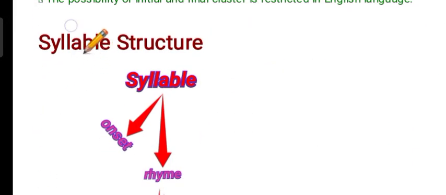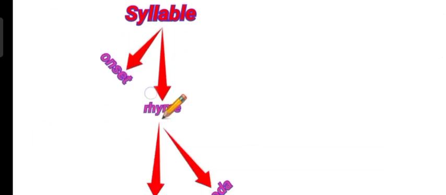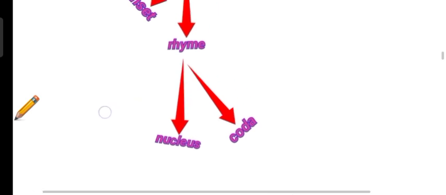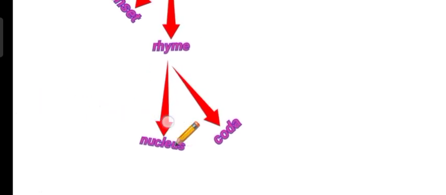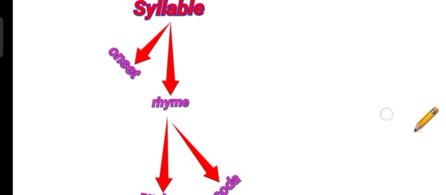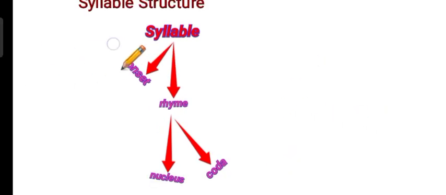Okay, syllable structure. A syllable contains 3 parts. The first part of the syllable is onset, and the second part is nucleus, and the third part is the coda. Okay, a syllable has 3 parts: onset, nucleus, and coda.